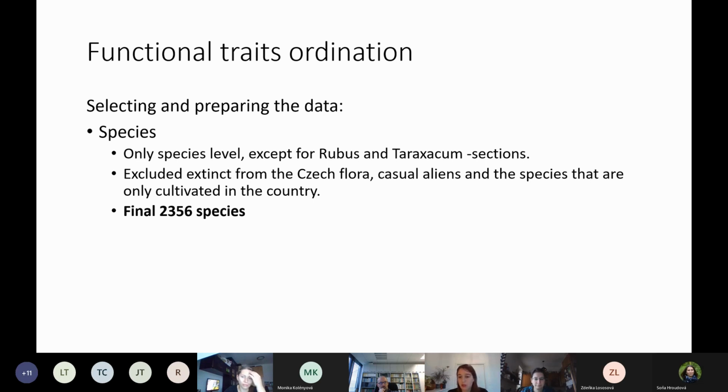We first had to select which species are going to enter in our analysis. So we selected all of them from species level, except for these 2 genera, where we chose the sections. We also excluded some species because they were extinct, or they were casual aliens, or only cultivated. So this is the final count of species.